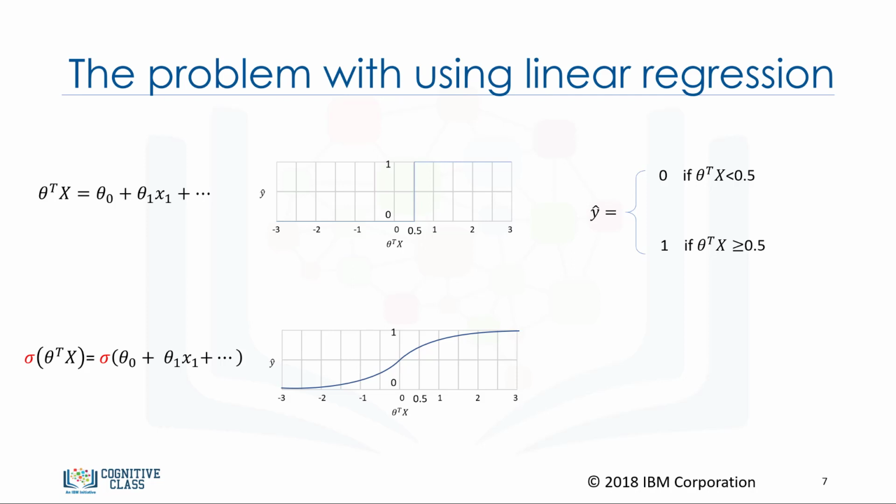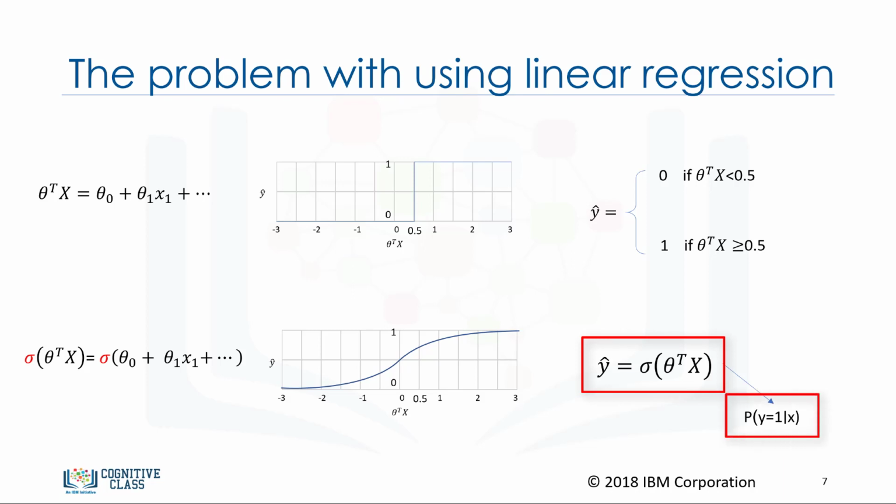Instead of calculating the value of theta transpose x directly, it returns the probability that theta transpose x is very big or very small. It always returns a value between 0 and 1, depending on how large theta transpose x actually is. Now, our model is sigmoid of theta transpose x, which represents the probability that the output is 1, given x.